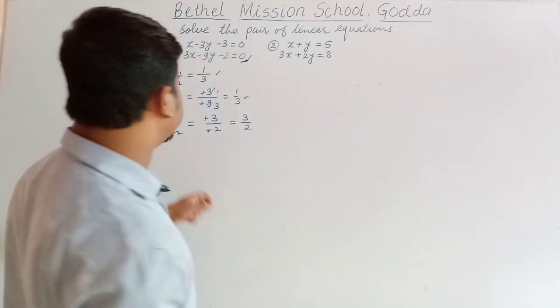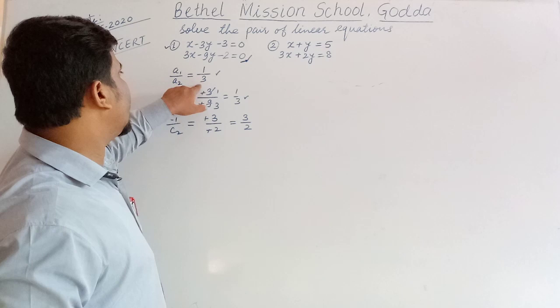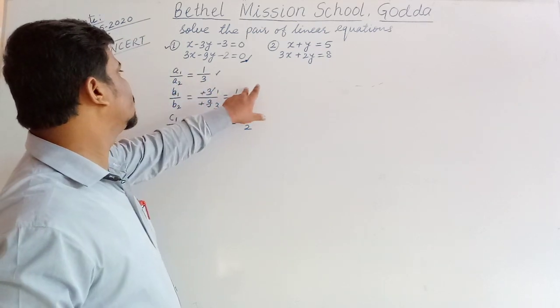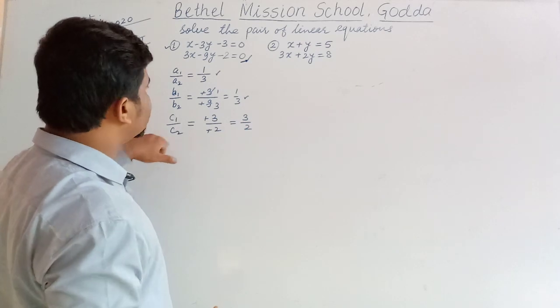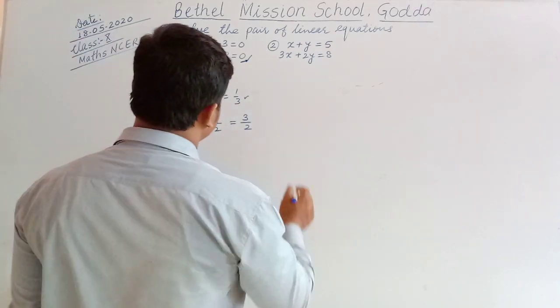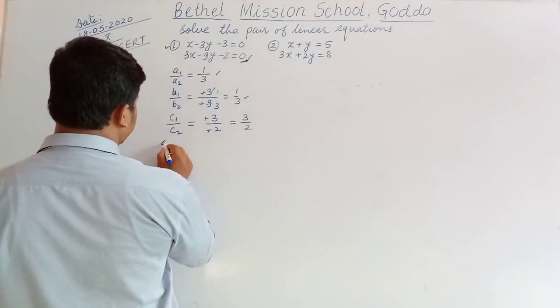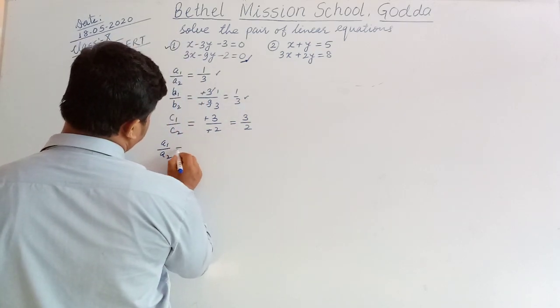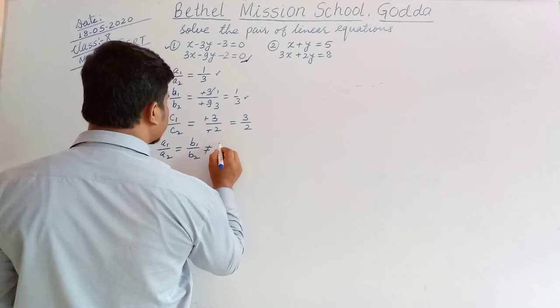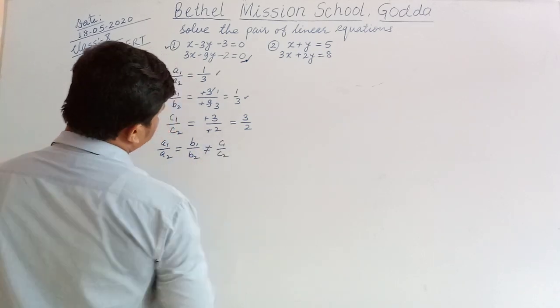Now you can see a1 by a2 is 1 by 3, b1 by b2 is 1 by 3, and c1 by c2 is 3 by 2. Here a1 by a2 is equal to b1 by b2, and that is not equal to c1 by c2.